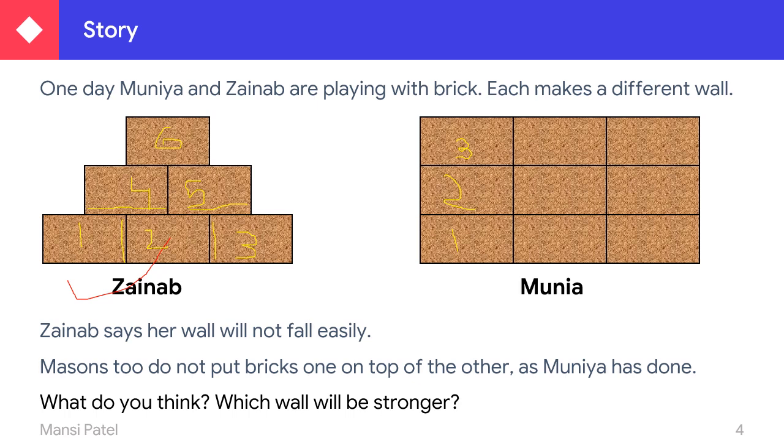So here the air circulation is not made properly. So this wall is not the proper arrangement. So we can say Zainab's wall will be very strong.